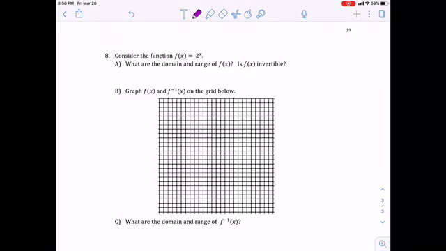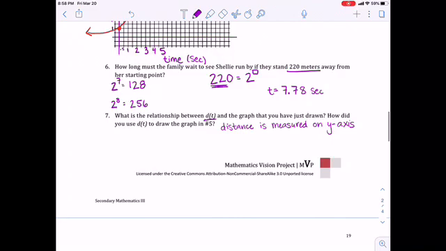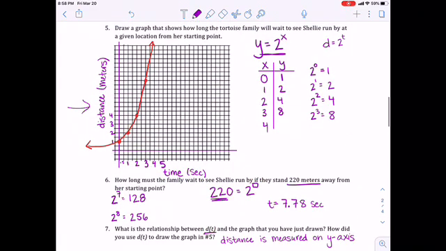Problem 8 asks us to once again look at this function, f of x equals 2 to the x, and it asks us for our domain and range. Remember that domain is our x values, and that range is our y values. So for our domain, if we look back at that graph we just drew, our x values, if we go to the left, notice how this graph goes forever to the left.